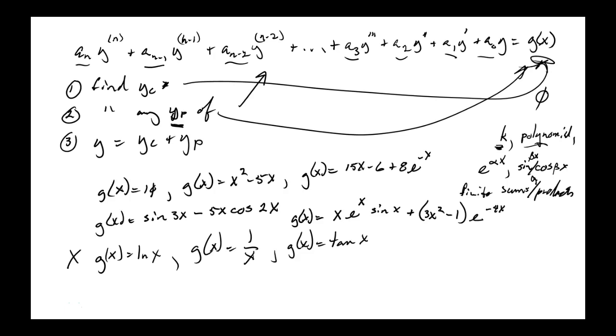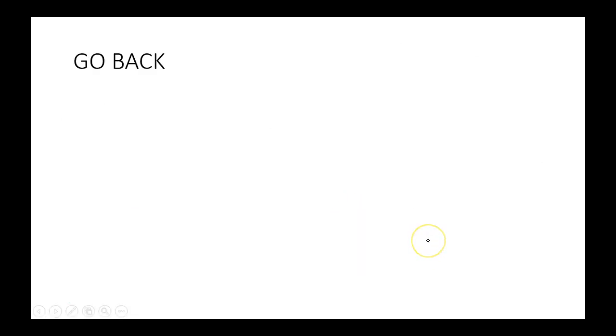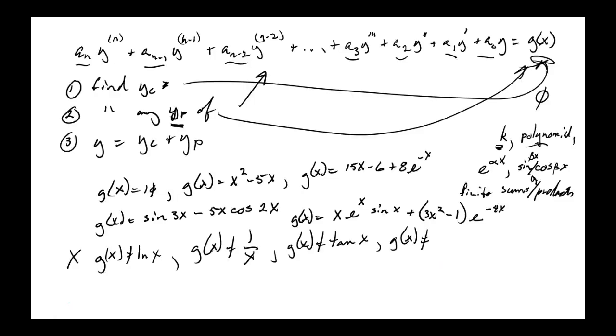Okay? And then, I know this one will upset you as well. g of x cannot equal, in fact, I'm going to put here, just so it'll be clear, cannot equal log, cannot equal tangent, and cannot equal inverse functions, like inverse sine.